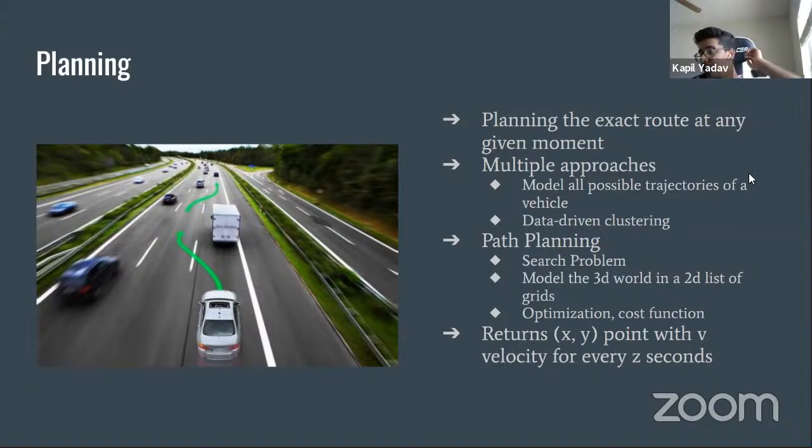And then the path planning itself is modeling how the car should do it, and there are also multiple approaches. This part models trajectories, and it also looks at other cars, because you're not the only one on the road that's moving. There are other cars with their own autonomous algorithm, or it can be a person's brain.